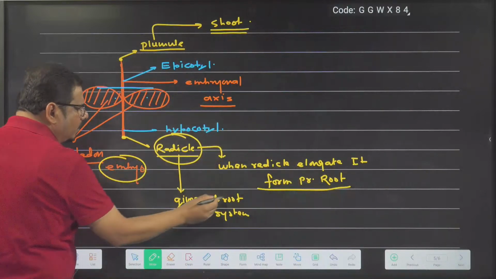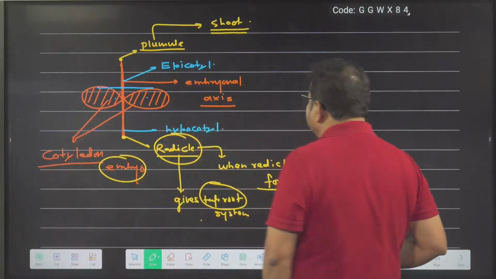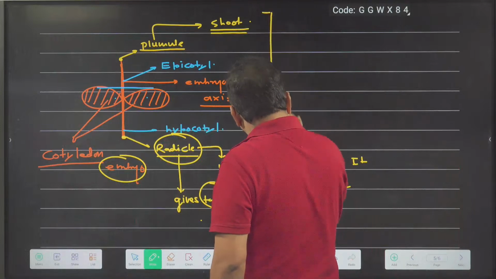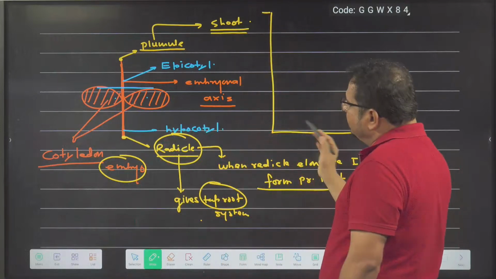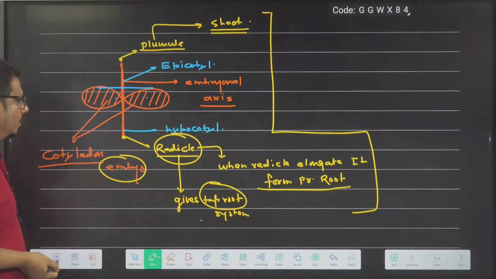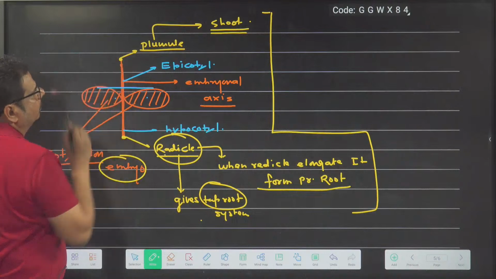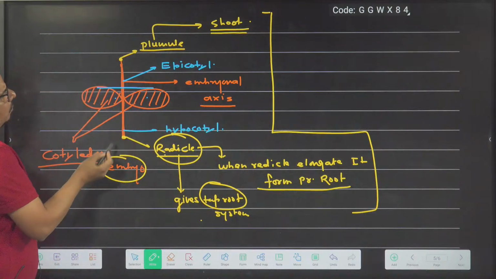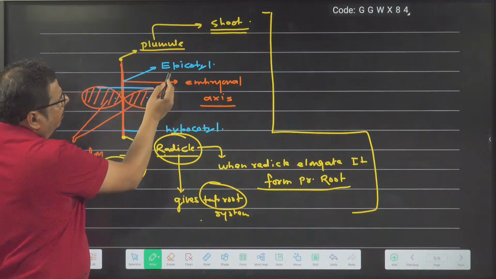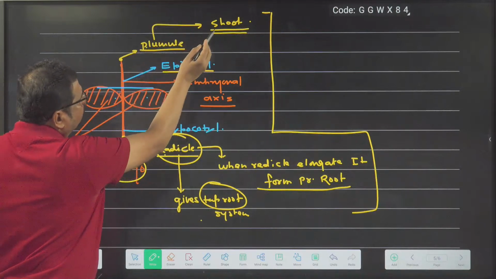Which root arises from radicle? Tap root arises from radicle. And that is the reason in the previous slide I wrote like this. So I'm just coming to the previous slide. If you want to note, you can note it out. Then I'm coming to the previous slide once again, where we are going to discuss the classification of root. Simply, I just want to say here what is radicle, what is plumule. These are the two terminal parts of the embryo. The part of the embryonal axis above the epicotyle is plumule, which gives rise to shoot system.